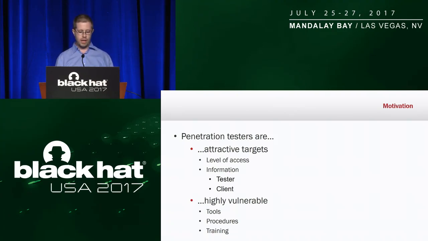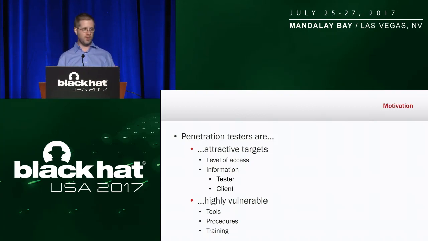And so they have information on their clients that's valuable, and there's information about the penetration testers themselves that's valuable. A good penetration testing firm is going to have some secret sauce, right? They're going to have their own intellectual property for tools that they use, automation processes, and even zero-day exploits sometimes.